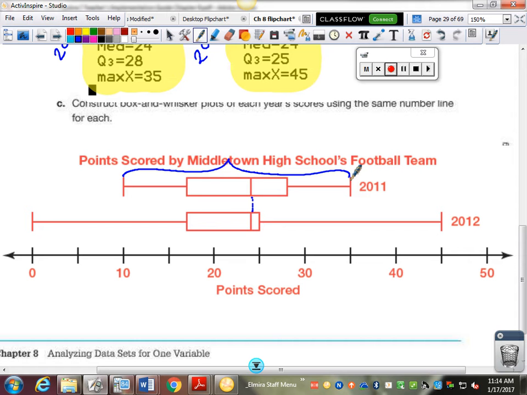So they may not have scored as high, but they also did not score as low. A closer spread can mean that the data is more predictable. In 2012, we can see that it goes way further out, and in both directions, our whiskers are much longer.